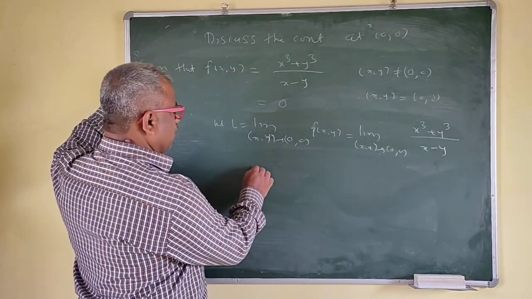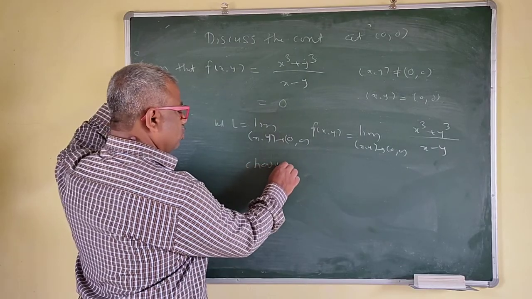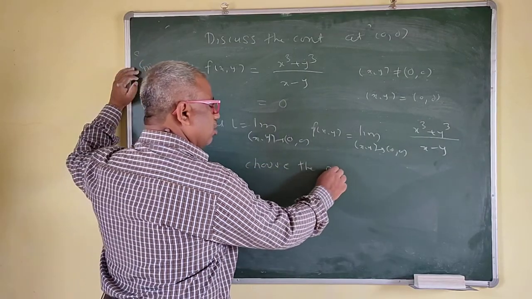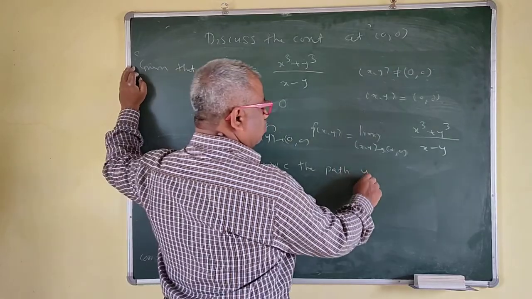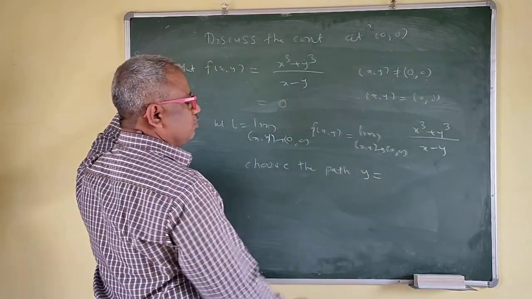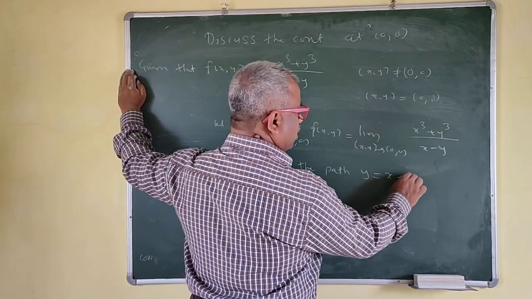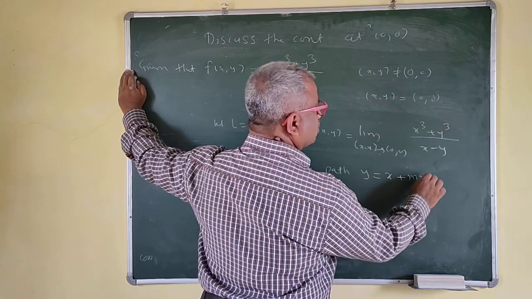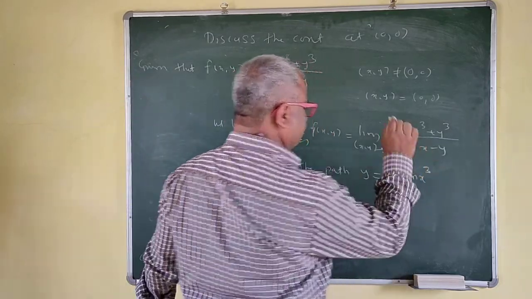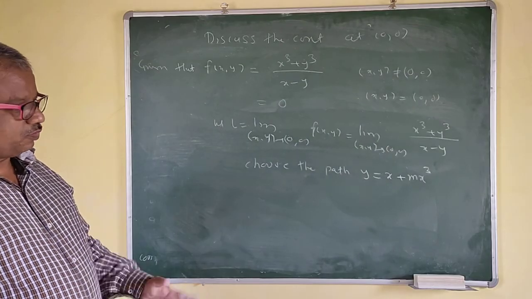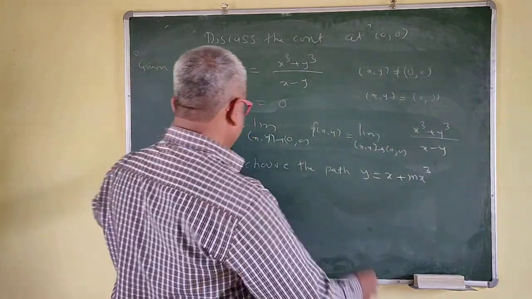So we'll choose the path. We'll try for this one. Choose the path y is equal to x plus m x cube, suppose. Okay. So now we'll see what happened there.